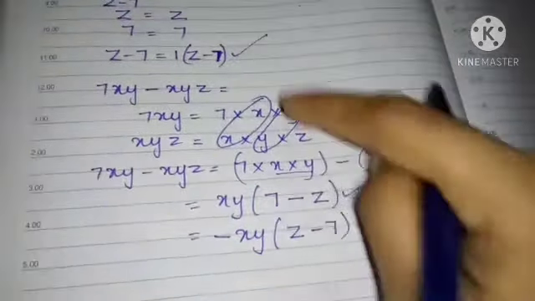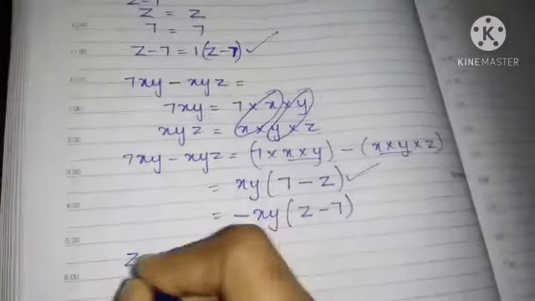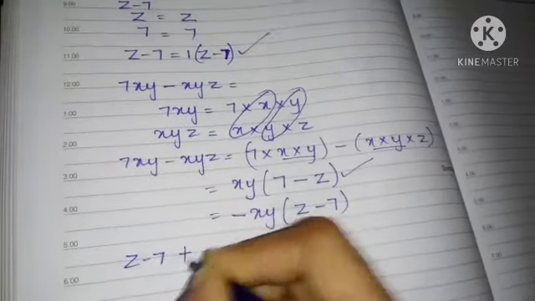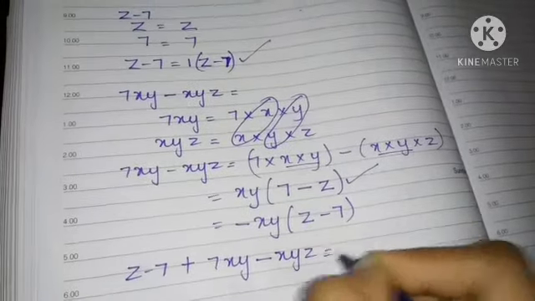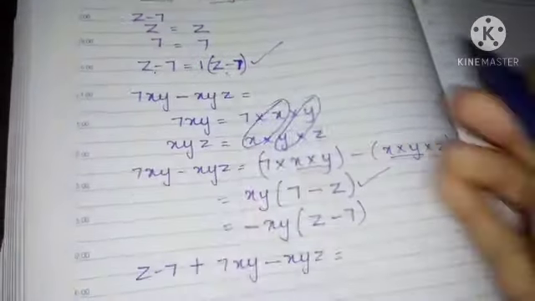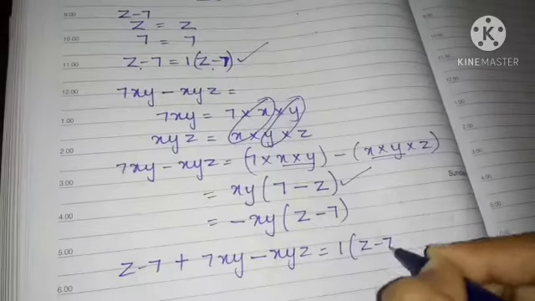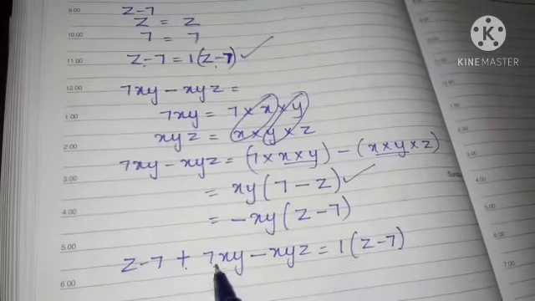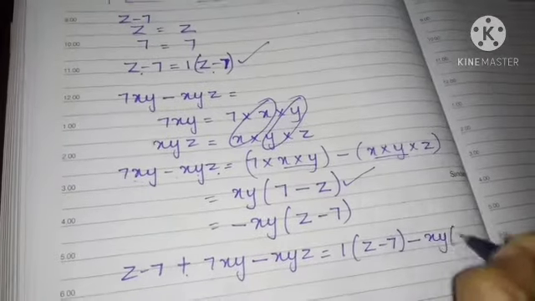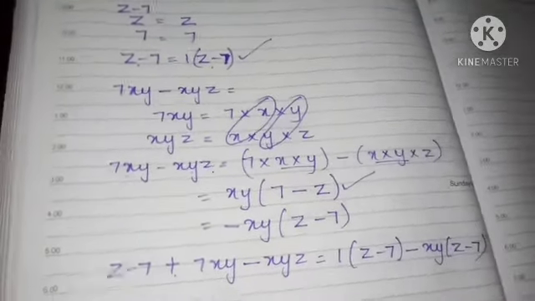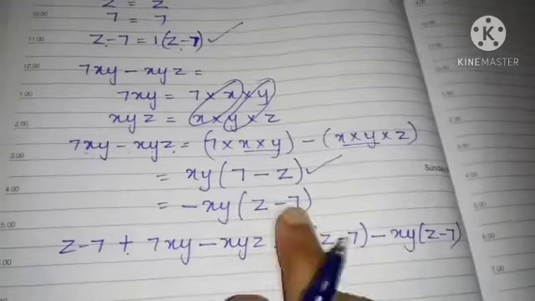Now put these two together. z minus 7 plus 7xy minus xyz is equal to 1 into z minus 7 plus, and 7xy minus xyz is minus xy of z minus 7. Did you understand why I have arranged this z minus 7?